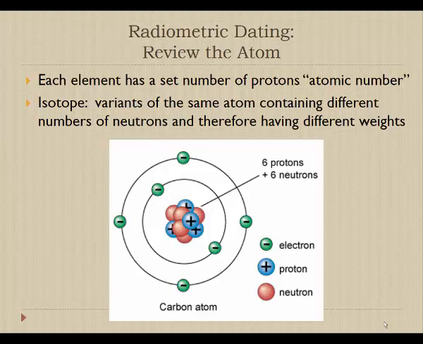So an isotope is, as we mentioned, a particular version of an atom that may contain a different number of neutrons.